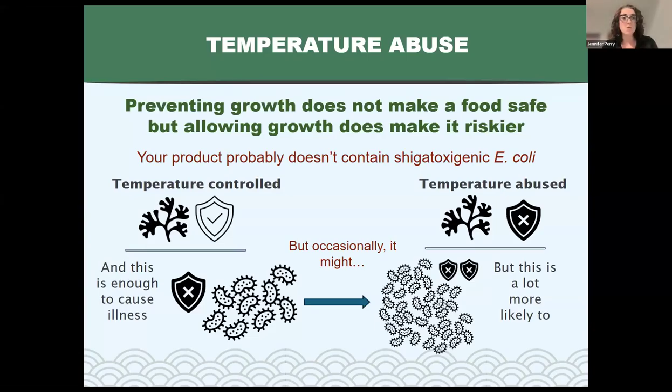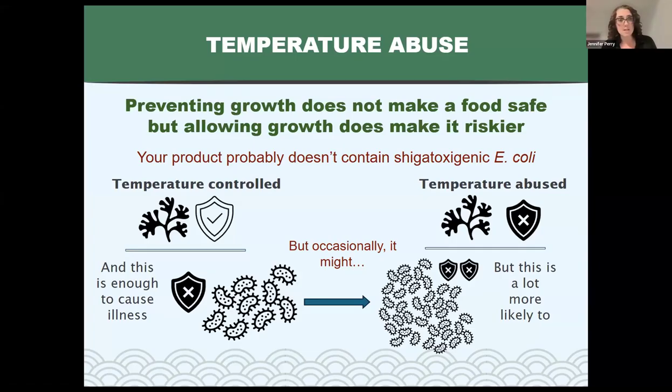Next slide, please. And the reason for this is really sort of what Amanda emphasized at the outset of the presentation. In most cases, we don't expect seaweeds to be harboring these pathogens. And if your seaweed has no Shiga toxigenic E. coli on it, and you don't control the temperature, it still won't have any Shiga toxigenic E. coli on it. But occasionally that does happen. It's something that's been observed multiple times as a result potentially of water contamination, or this is something that can happen incidentally during harvest or transport, even if proper controls are in place.